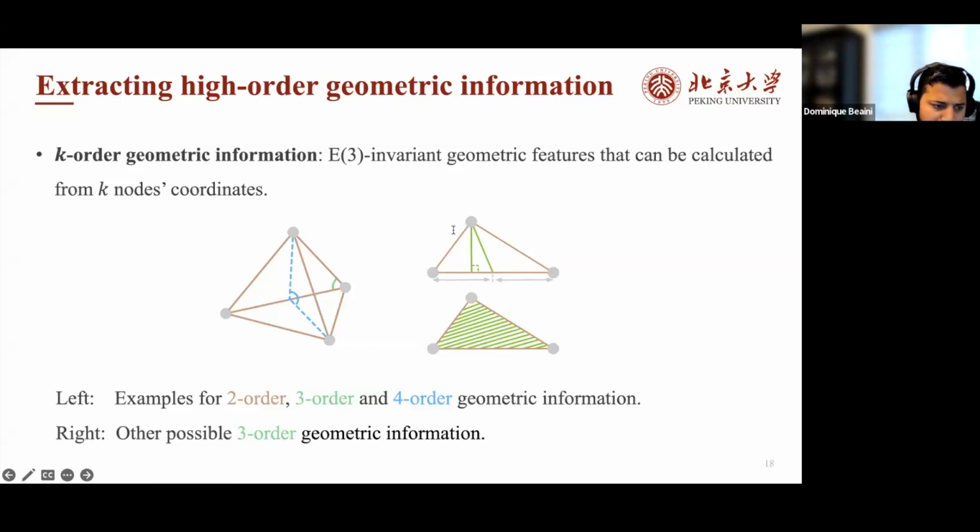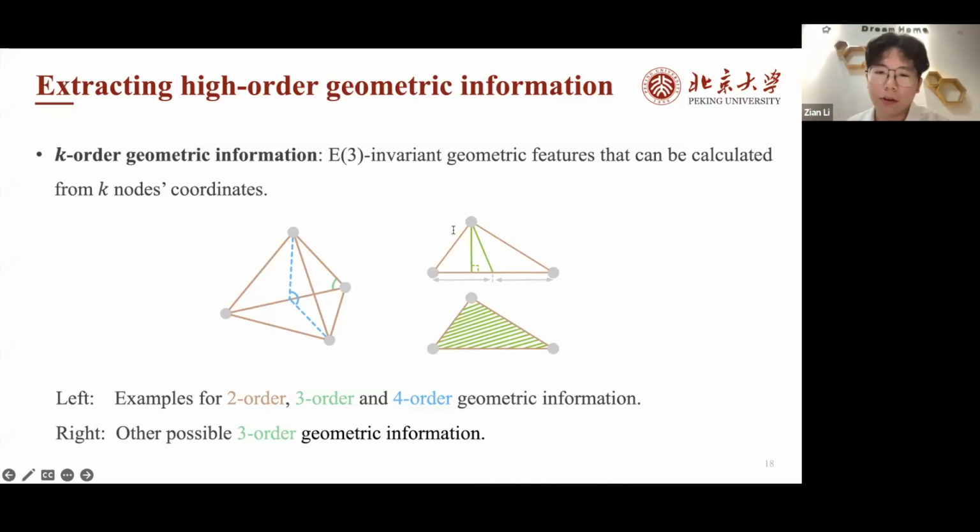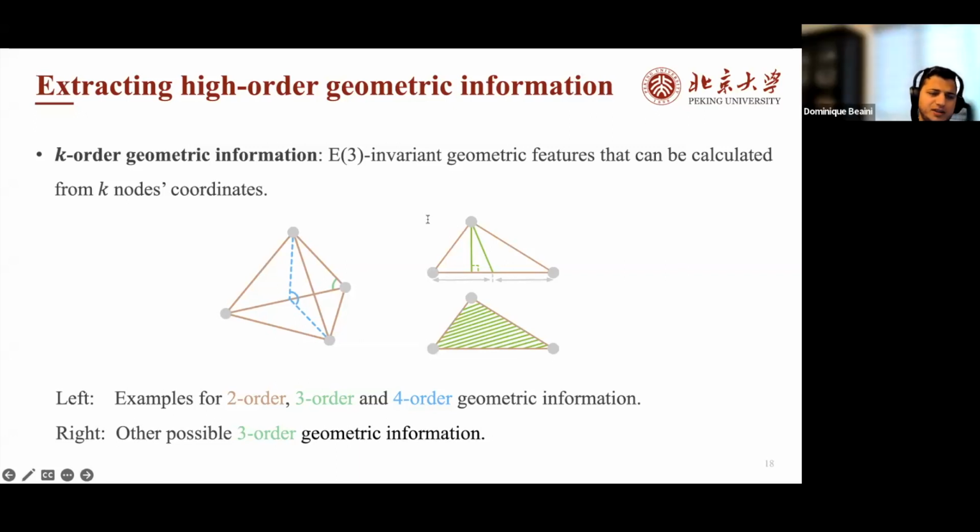But do you have examples of structures in mind where you need K to be a larger number, like 5, 6, 7, and not just 2 or 3, like it's the case with small molecules?